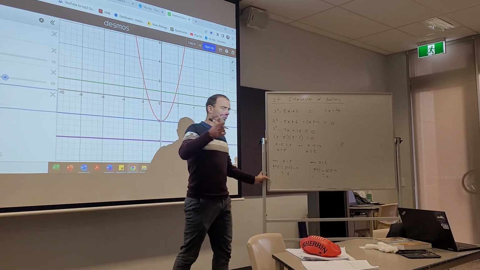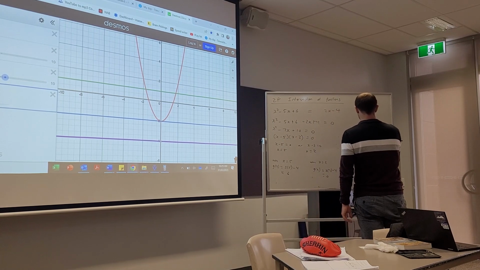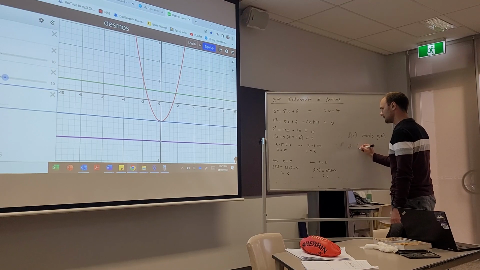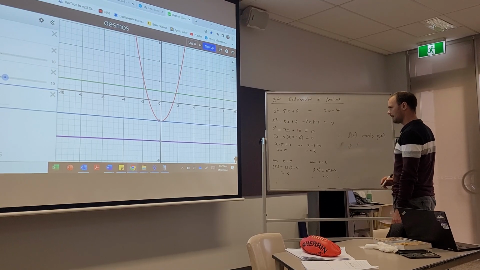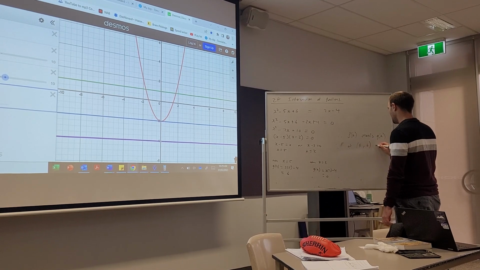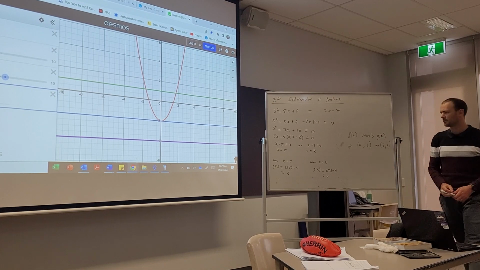And so therefore, f of x meets g of x at x is 5, y is 6, and x is 2, y is 0.